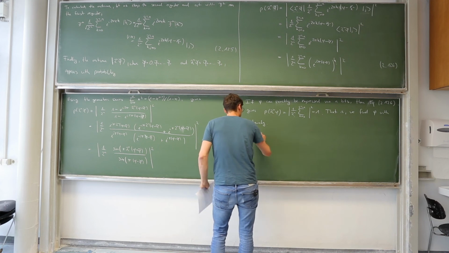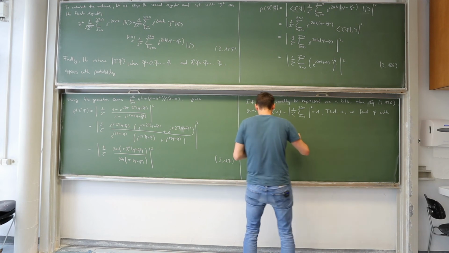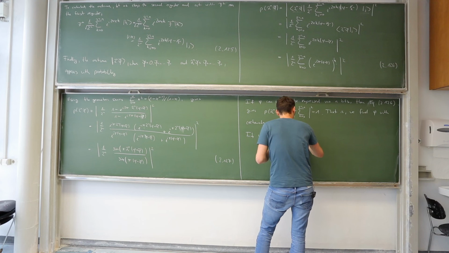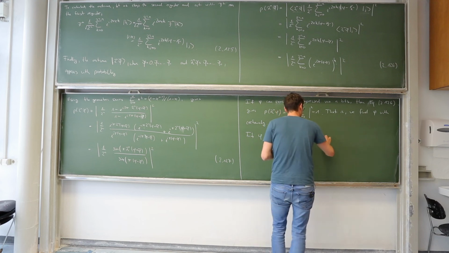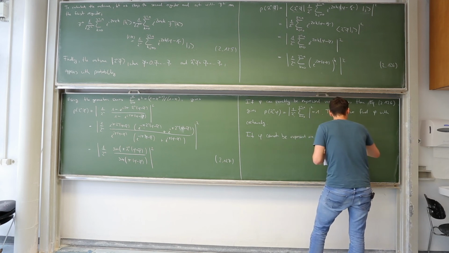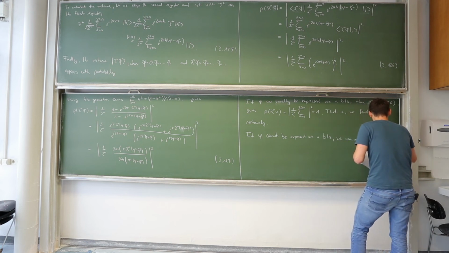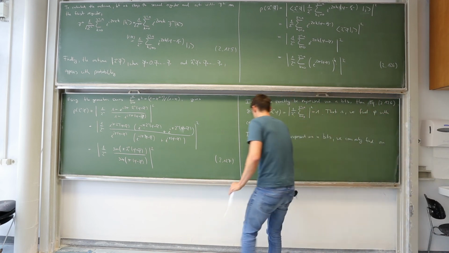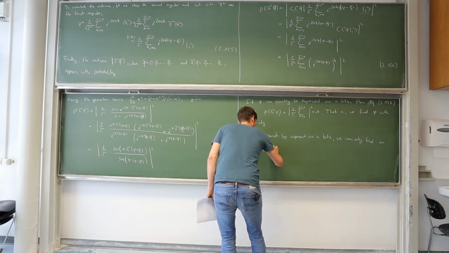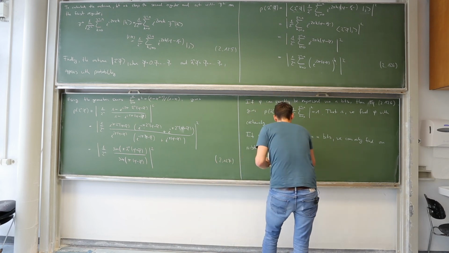So if phi cannot be expressed via n bits, we can only find an n-bit approximation of phi.